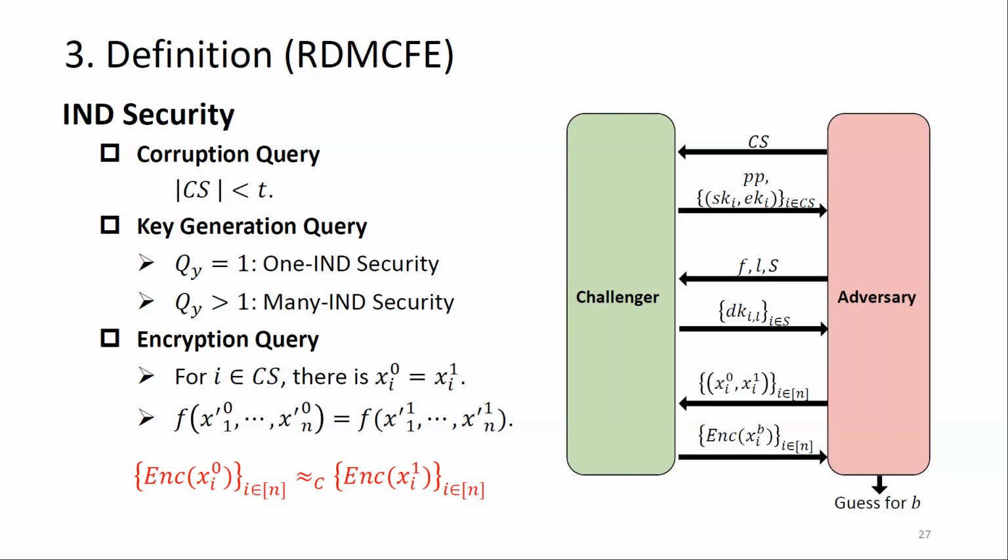The security is based on the security of the underlying tools. The basic construction uses underlying tools such as a non-interactive key exchange scheme and a threshold secret sharing scheme.